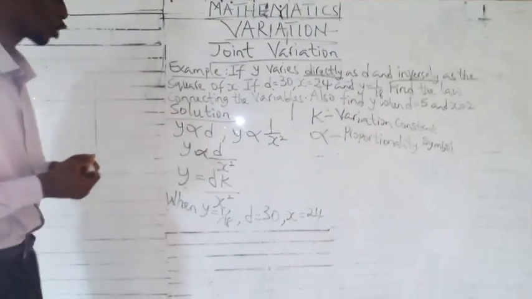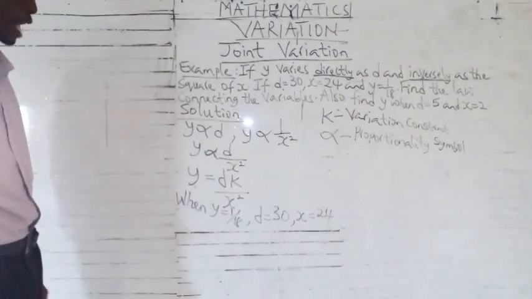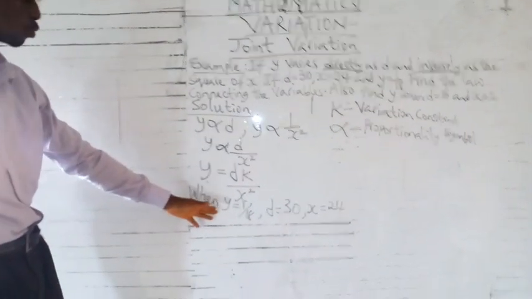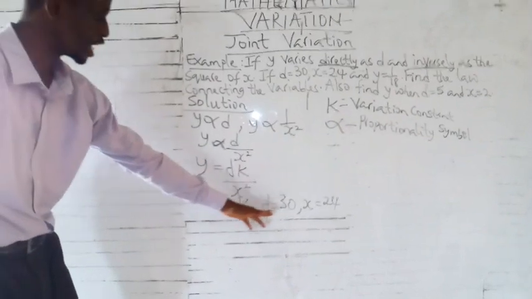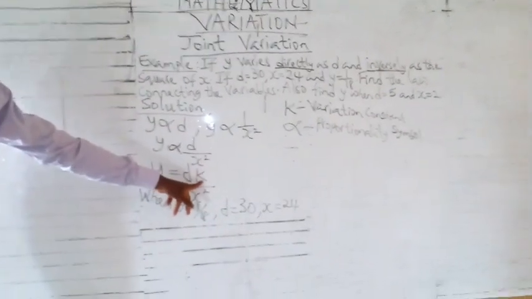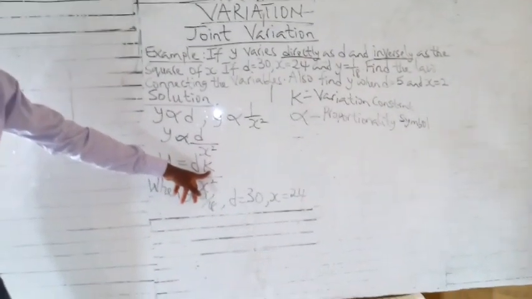I hope viewers at home, you are following me. And as you are looking at the solution on board, why am I writing when y equals this, d is this, and x is 24? It is for us to get our constant k.